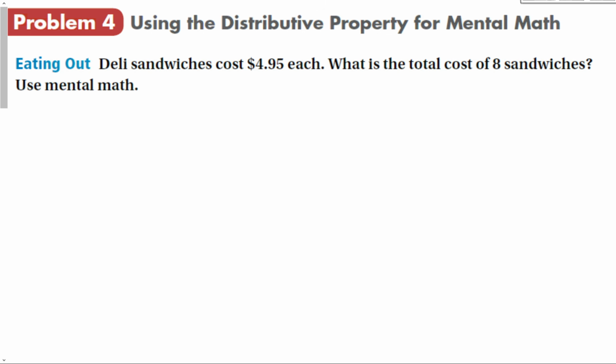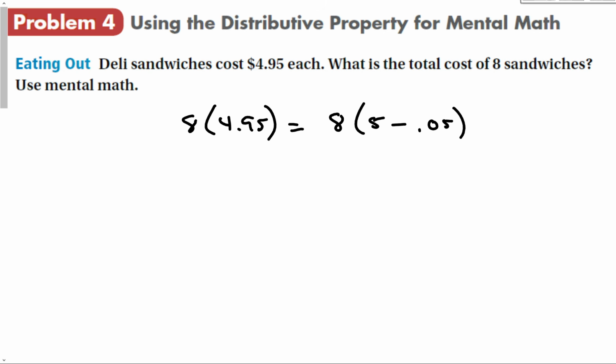So, deli sandwiches cost $4.95. What's the total cost of 8 sandwiches? Use mental math. Well, it's kind of hard to go 8 times $4.95 in my head. But what if I said 8 times 5 is about the answer, and then subtract off those 5 cents?